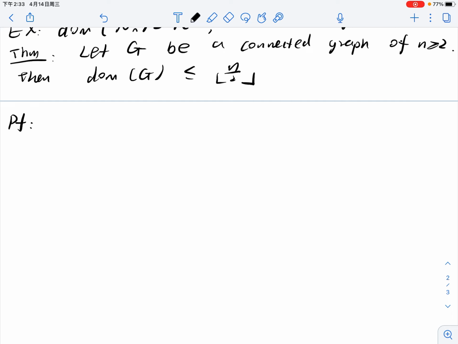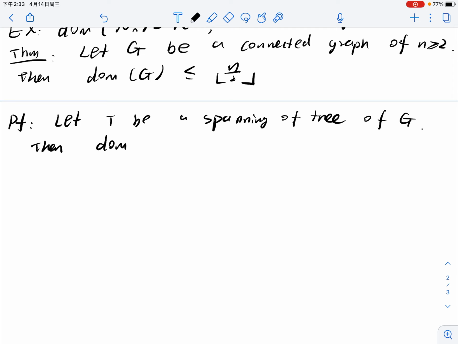Okay, and for the proof, we need to make this idea more rigorous. Let T be a spanning tree of G. By the algorithms we introduced before, there's always a spanning tree for a connected graph.